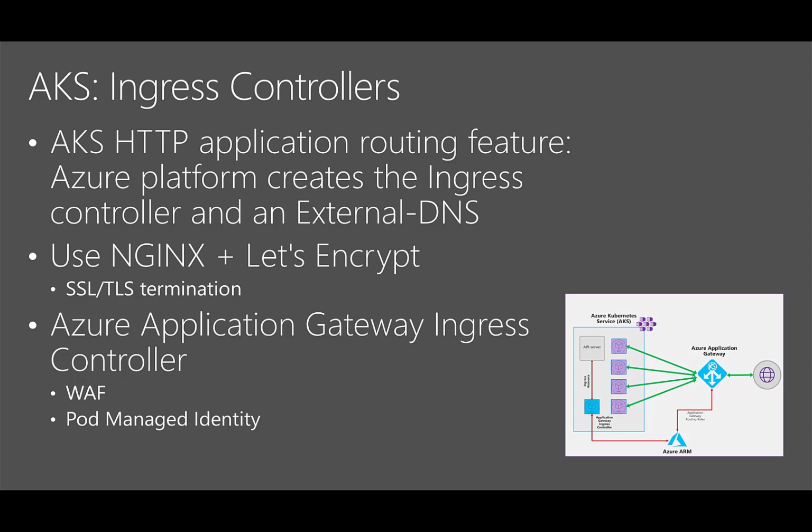And it relies on pod managed identity to work. So this way, the API server can talk with the gateway ingress controller and create the rules in the Azure Application Gateway in a very transparent way for you as the manager of the cluster, or the user of the cluster.